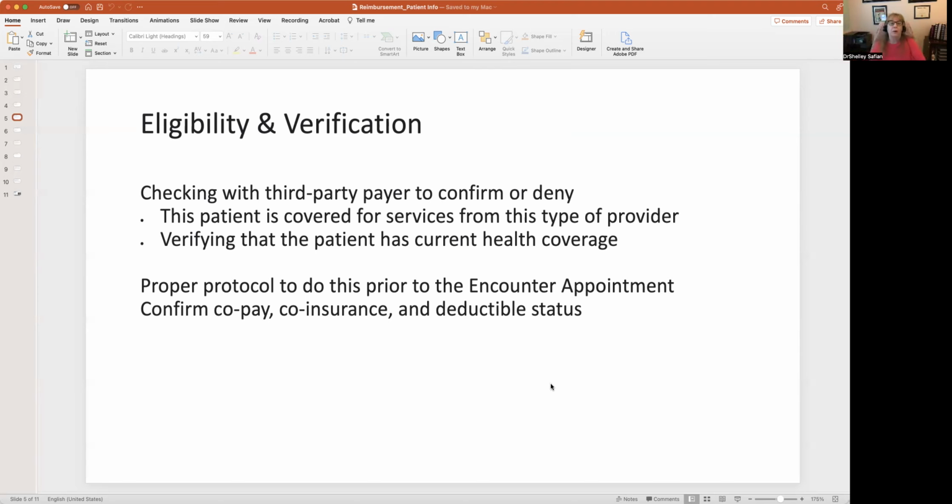Admission into the hospital, a flu shot at the doctor's office, whatever it might be. Now, outpatient, and also inpatient, if the patient is being scheduled to be admitted, proper protocol is to do this prior to the encounter appointment.